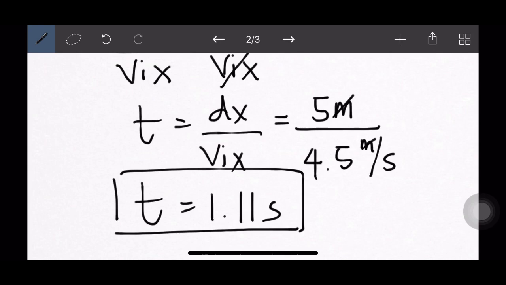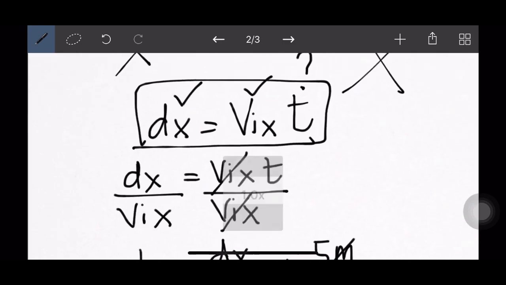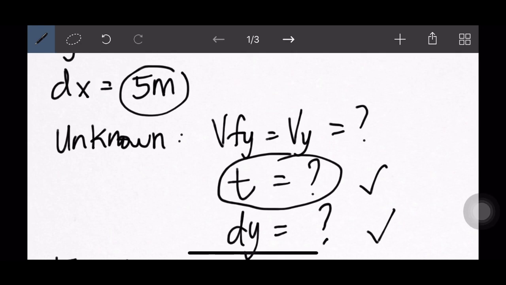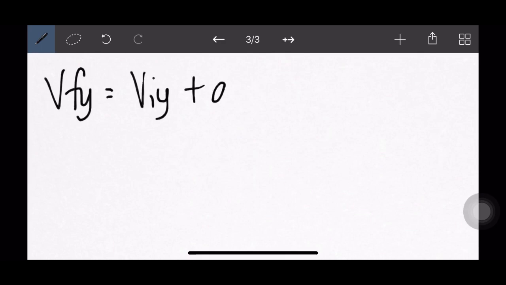Okay, so since we have the value already for the time, we can now solve for this one. We can now solve for VFY, check, and dy. Right, so let's solve for VFY. So using this one, VIY plus AT. Again, this is 0 because it starts from point 0, right? So AY multiplied by time.